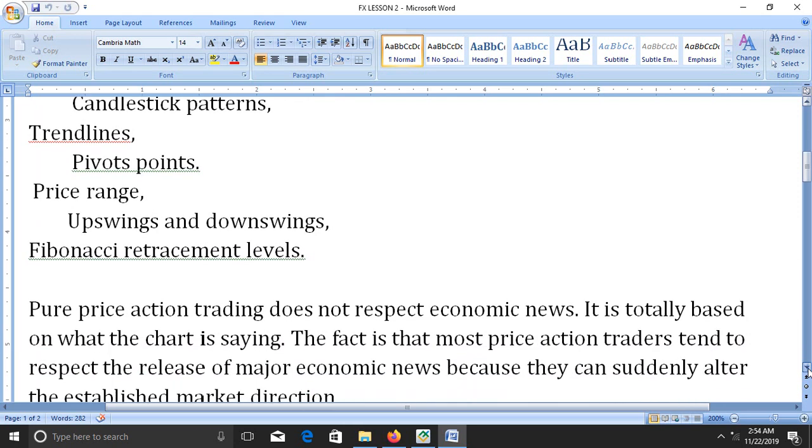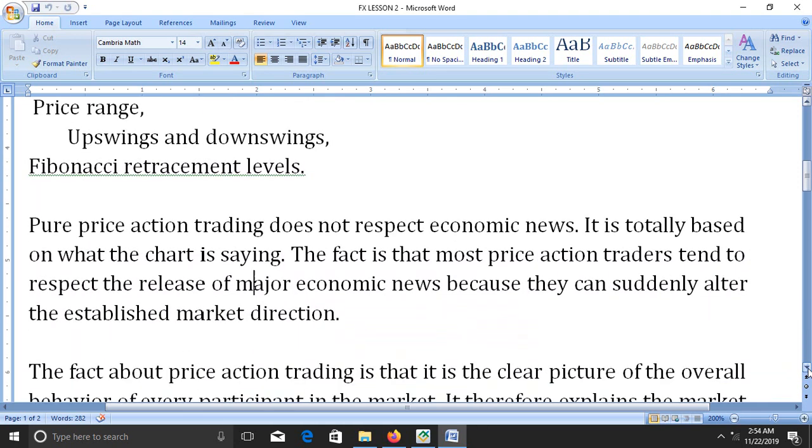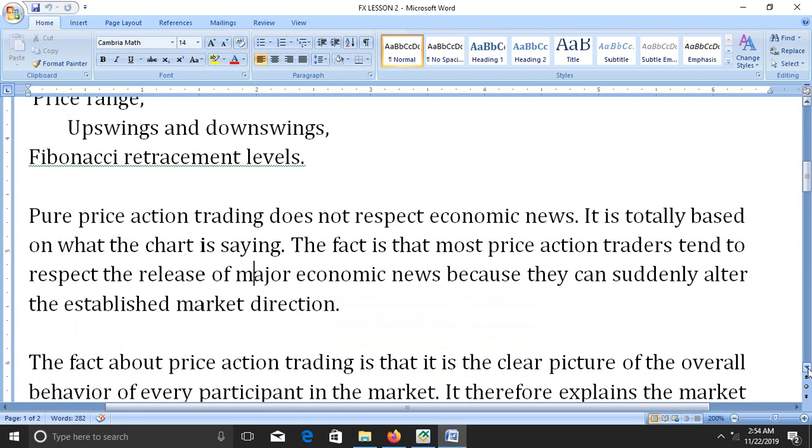Right. Now, when we say pure, complete, undiluted price action trading, we are referring to a practice that does not respect economic news.